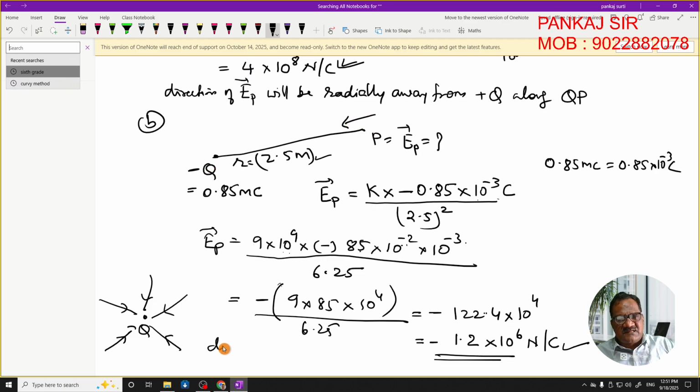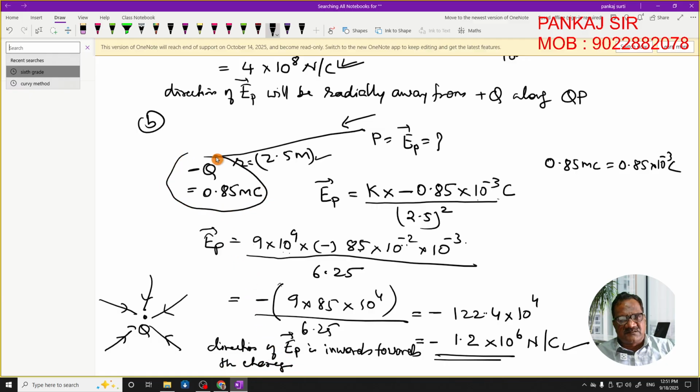So the direction of EP, the electric field strength, is inwards towards the charge. Which charge? This charge. Towards the negative charge Q along this particular line joining PQ. Along the line joining PQ. So it will be in this direction, inwards.